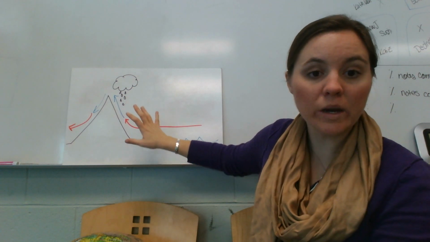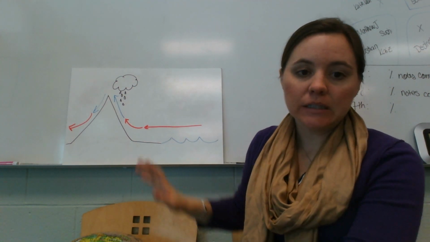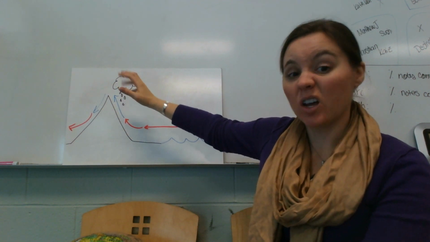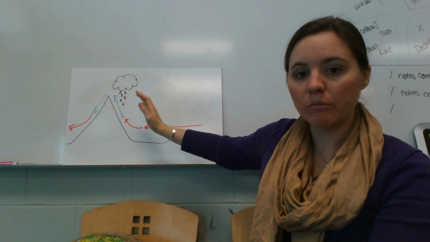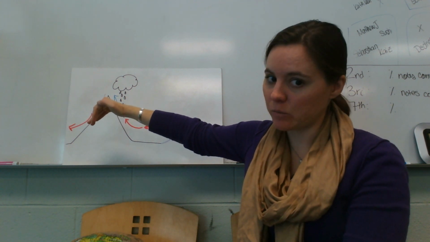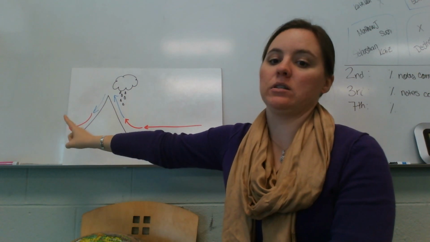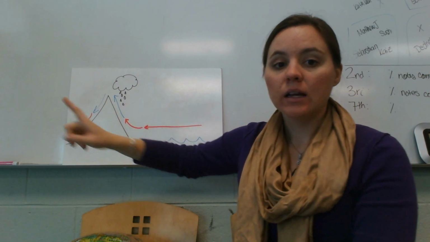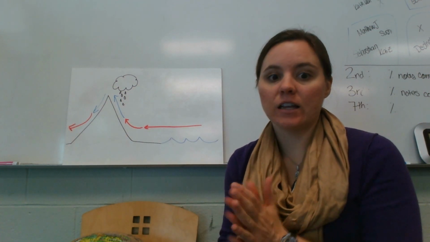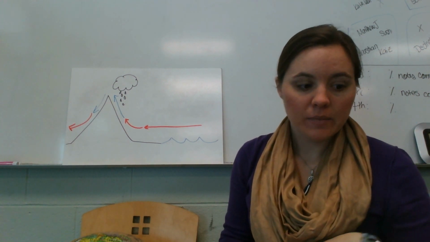So all that rain tends to stay on one side of the mountain. We call that the windward side of the mountain. The air has lost all of its moisture on this side, but it's still cold. It travels up and over the mountain. It doesn't have any moisture anymore. It warms as it goes down. And so on the leeward side of the mountain, it tends to be really dry and desert-like. Well, maybe not desert, but more arid climate anyway.